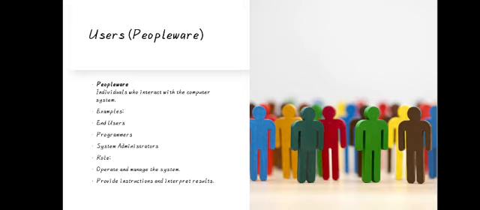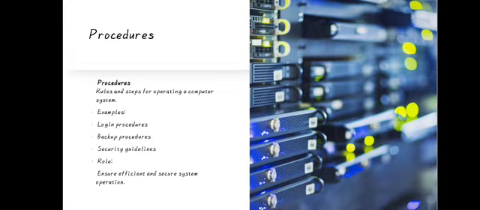If the user goes to the browser and searches for data, how does it work with front-end and back-end programs? What do you want, what useful information do you need? These are the people who provide instructions and interpret results.